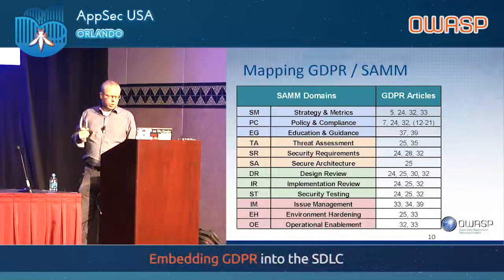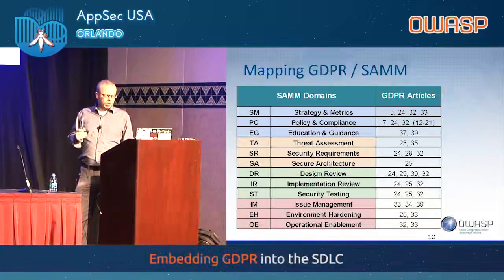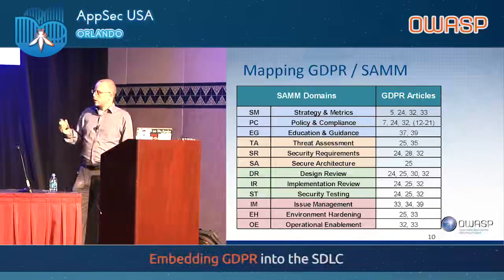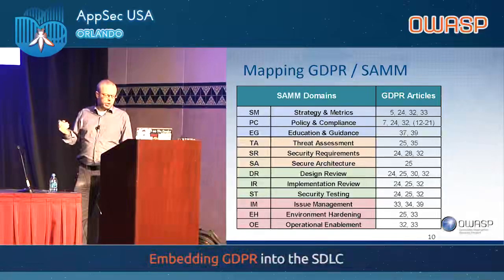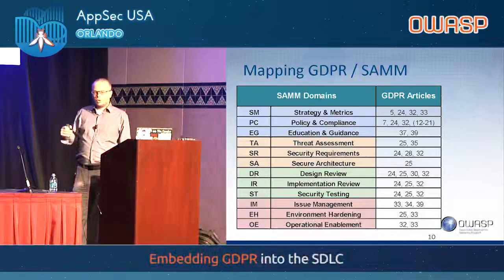And if you look at the places where it's mapped, of course, we're going to look at privacy by design or the design of things when we look at threat assessments, secure architecture, and design reviews. So there is quite a logical way to map all the articles that are in the legislation to the different domains that are used within SAM.